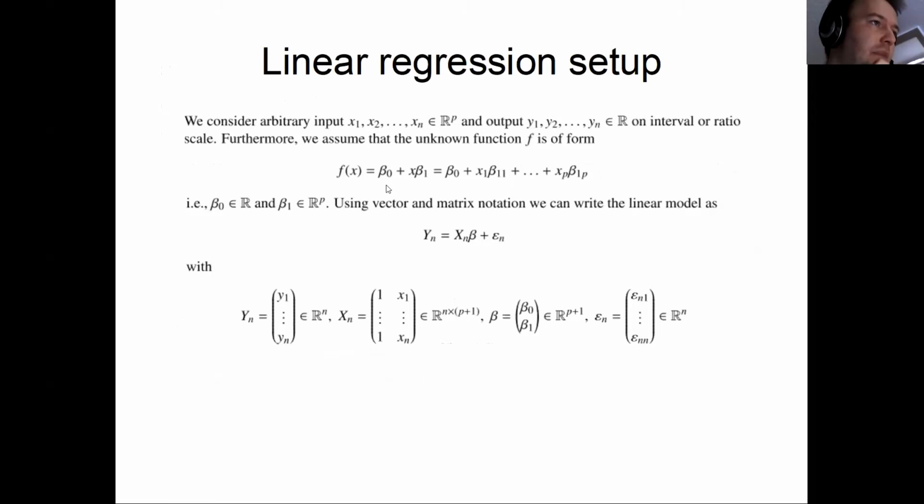By the way, if you've consulted some statistics textbooks, you might be familiar with this beta notation, which is very heavily used. These are just the parameters that you're trying to estimate. And of course, using vector or matrix notation, we can write the linear model in this form with the definitions given below. So don't get intimidated by this notation.